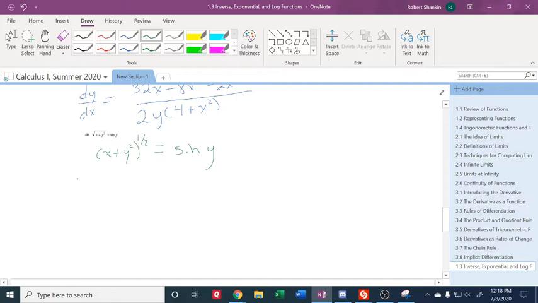So best I can do is d/dx of both sides. When I take the derivative here, I get 1/2 this thing to the negative 1/2 times the derivative of the internal.